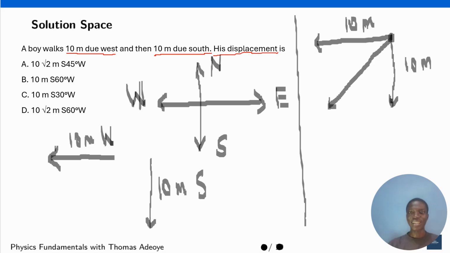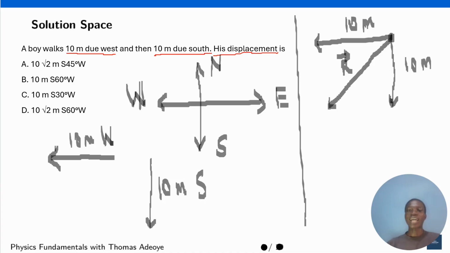Then this is the resultant. Let's use R to represent the resultant. Mind you, in this situation, the resultant represents the displacement.